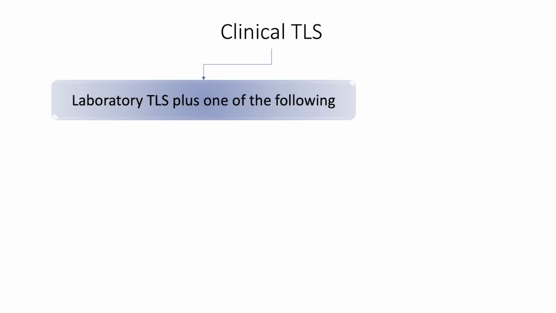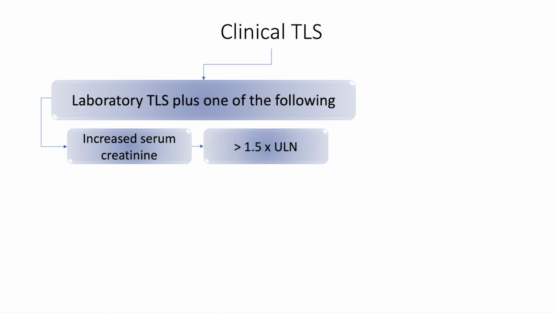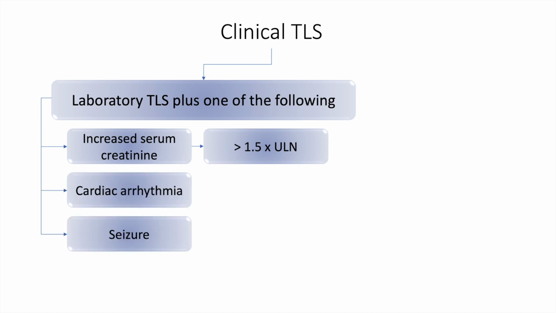Clinical tumor lysis consists of laboratory TLS plus one of the following. These include increased serum creatinine more than 1.5 times the upper limit of normal, cardiac arrhythmias, and seizures.